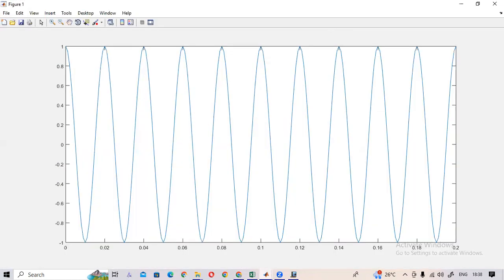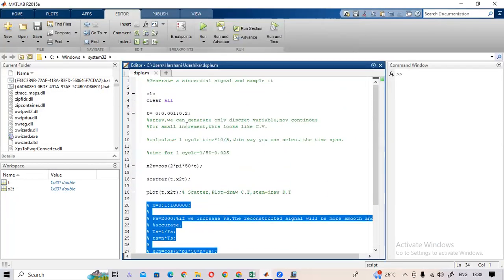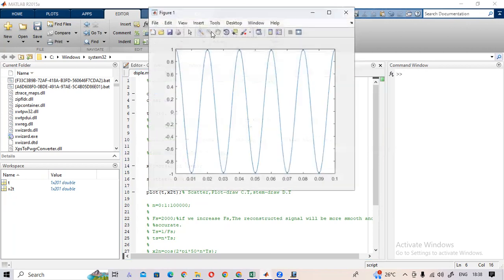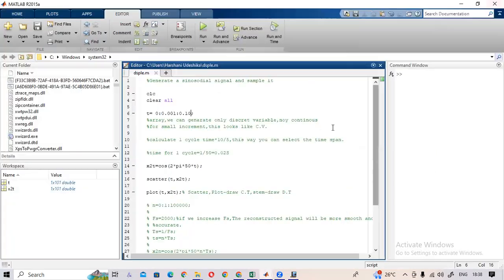Okay, so if you increase this time, the ending point time, that means number of cycles will be increased. Okay, number of cycles will be increased. Sorry, 0.1, not 0.11.